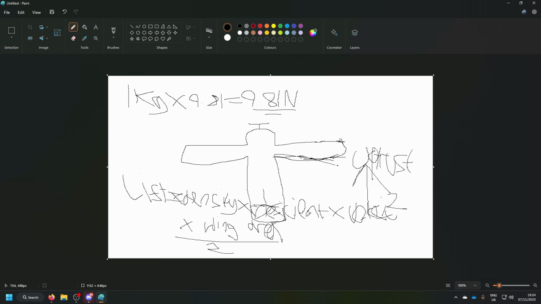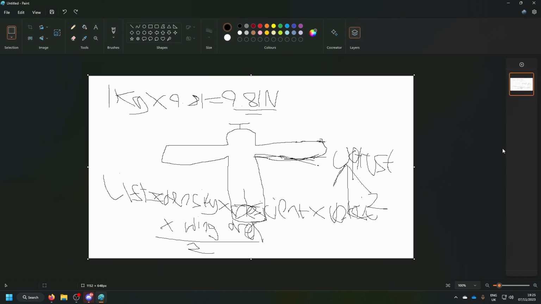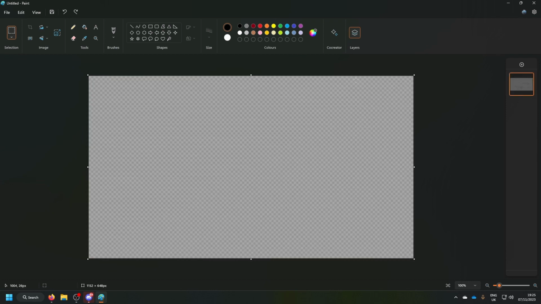And what number do we have for the coefficient? I don't know, we'll figure that out later.